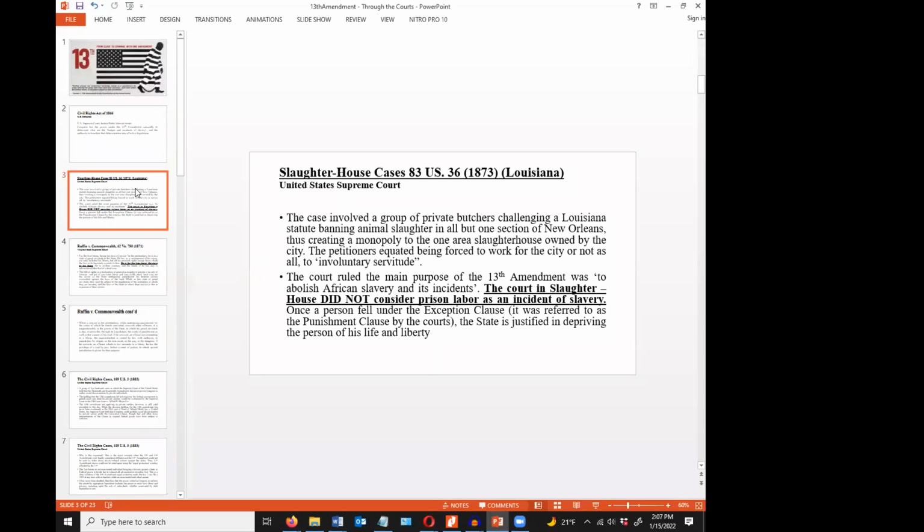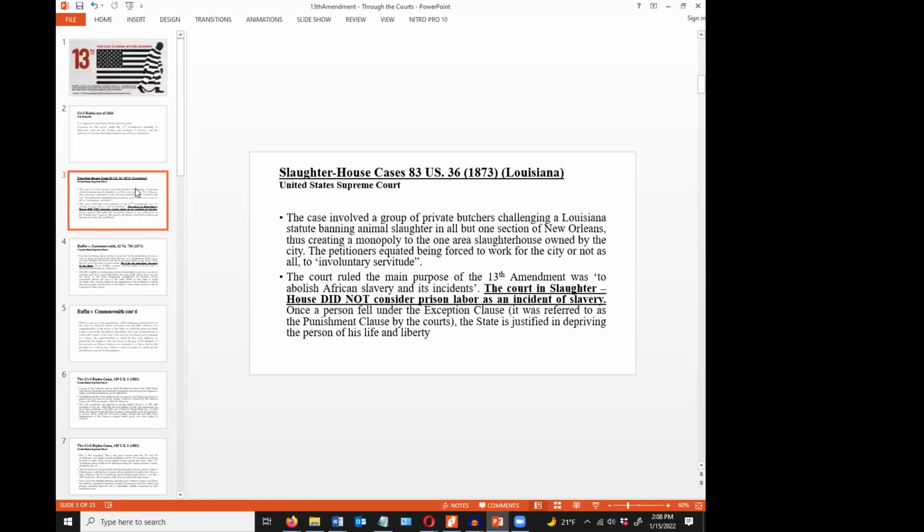And so one of the first major cases that came out dealing with the 13th Amendment was the Slaughterhouse Cases. This is from 1873, and this was in Louisiana. The case involved a group of private butchers. It was basically a labor issue. They claimed that since they could only conduct their labor in New Orleans, it was involuntary servitude.